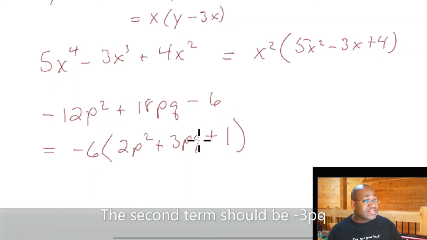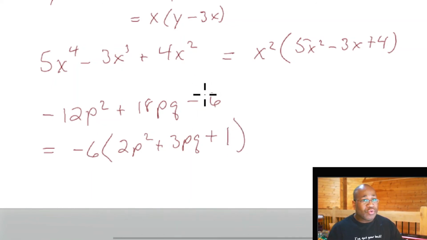Now, this last term is something important to note. Even though the common factor was negative 6, and the last term was negative 6 here, when we factor it out, we always leave a term of 1 inside the parentheses.